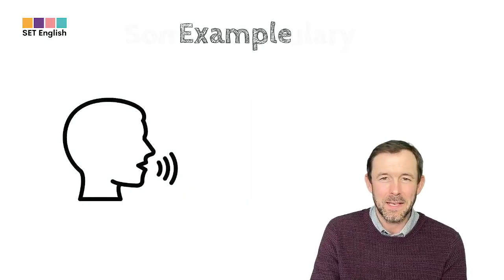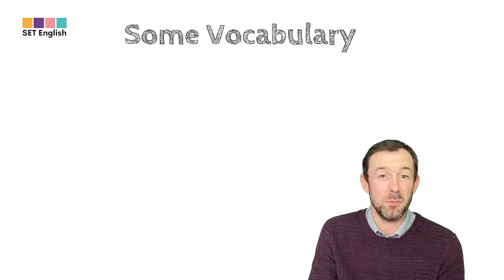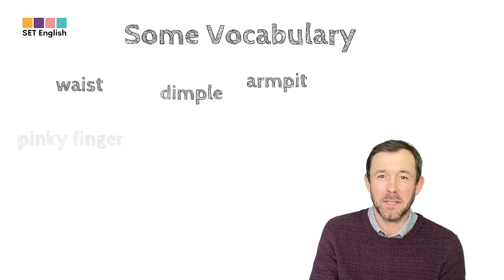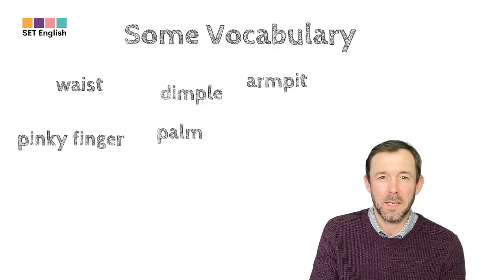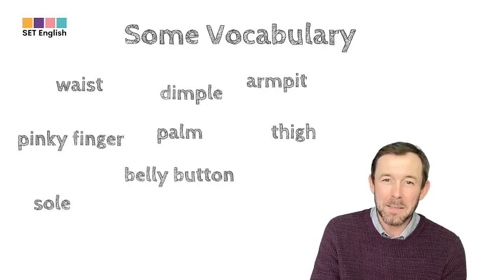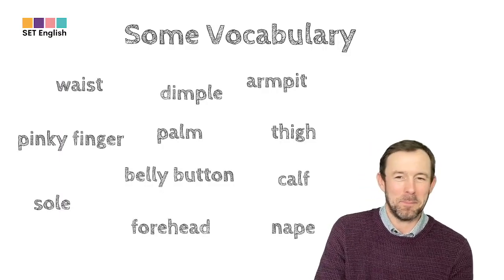So what I want to do is find a few of those bits of vocabulary and just present them to you, and then we'll do a quick exercise. All right, so here is some vocabulary. I'm just going to put them onto the screen, see how many of them you know. Waist, dimple, armpit, pinky finger, palm, thigh, sole, belly button, calf, forehead, nape.